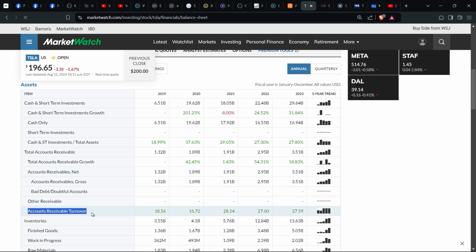All right. What this ratio does is it tells you how fast a company converts their receivables to cash. How fast they collect that money for goods and services offered on credit. That's what it means. As you can see here, other receivables, this is not very common.